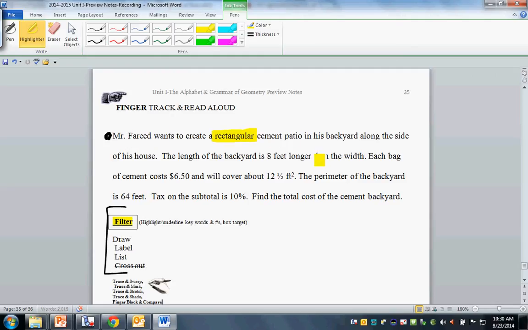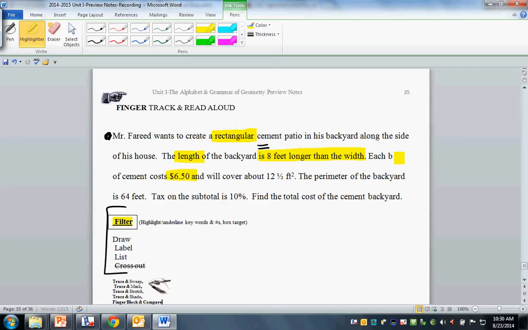Mr. Fareed wants to create a rectangular cement patio in his backyard along the side of his house. The length of the backyard is 8 feet longer than the width. Ready? Right above that is, put an equal sign. Is, are, was, were is an equal sign.